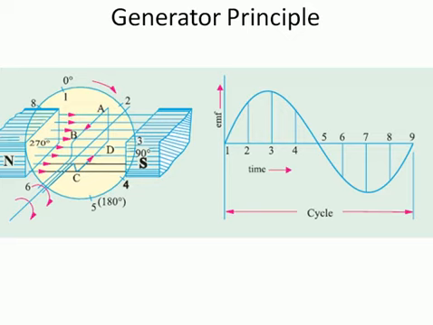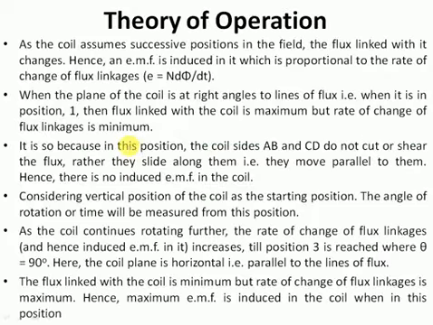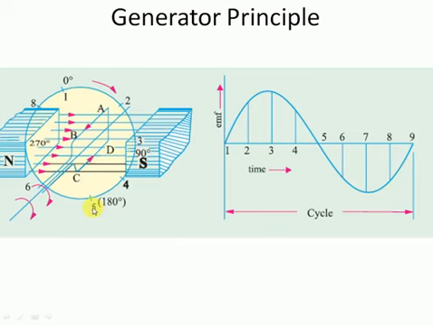That is, the magnitude of induced EMF goes on decreasing when this coil side is moved from position 3 to position 5. This is indicated here as points 3 to 5.